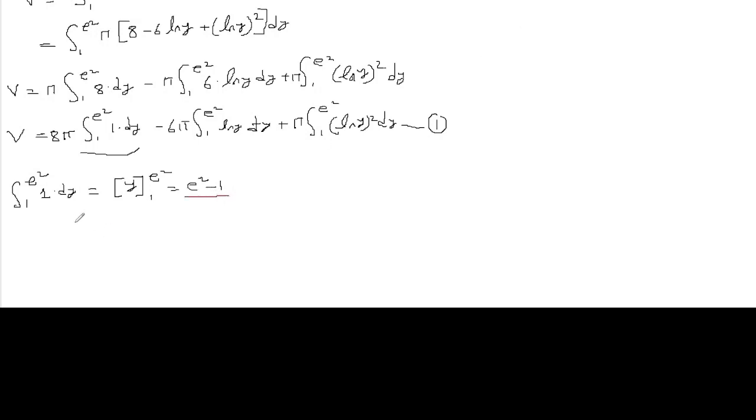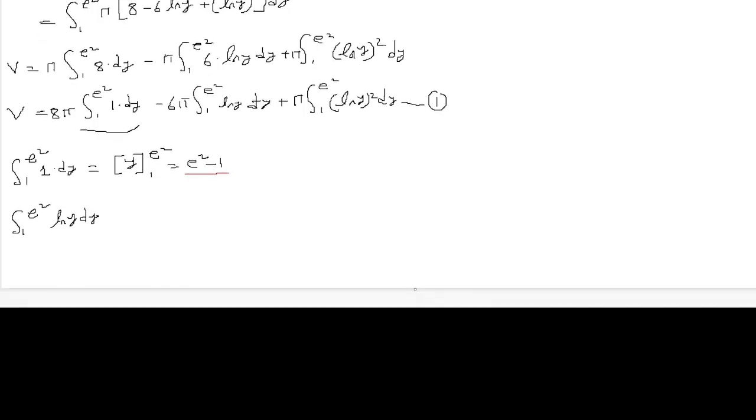Next is for the second integral, that is 1 to e square ln y dy. Ln y actually cannot be integrated directly. So here you have to use the by parts.